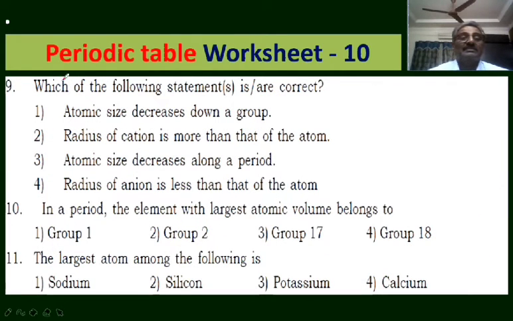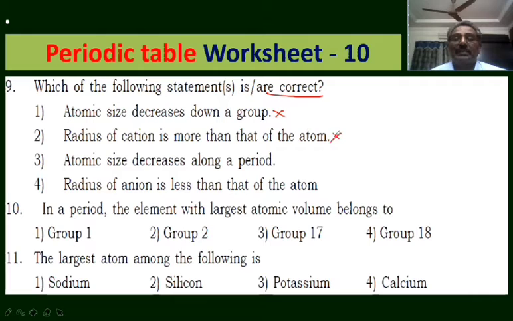Next, ninth question. Which of the following statements are correct? We need to identify the correct statement. Atomic size decreases down a group. You know that the size of the atom increases when we move from top to bottom in a group. So this statement is wrong. The radius of a cation is more than that of the atom.